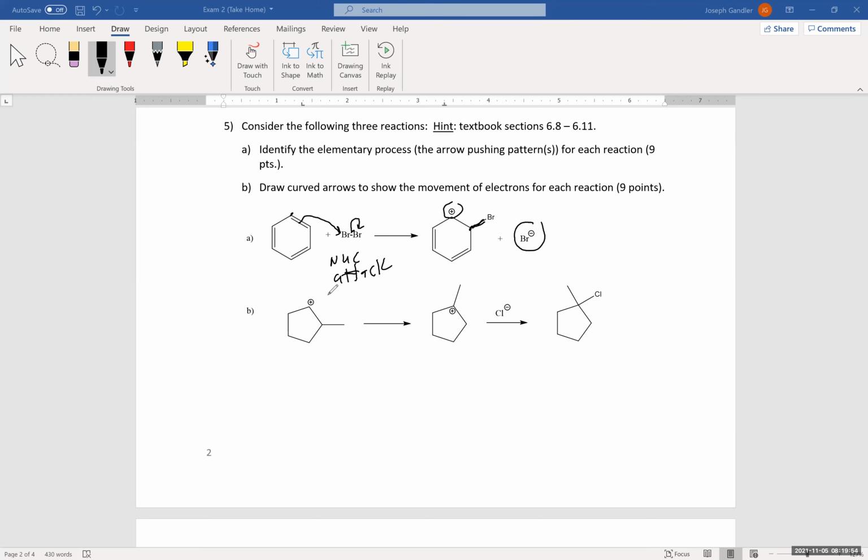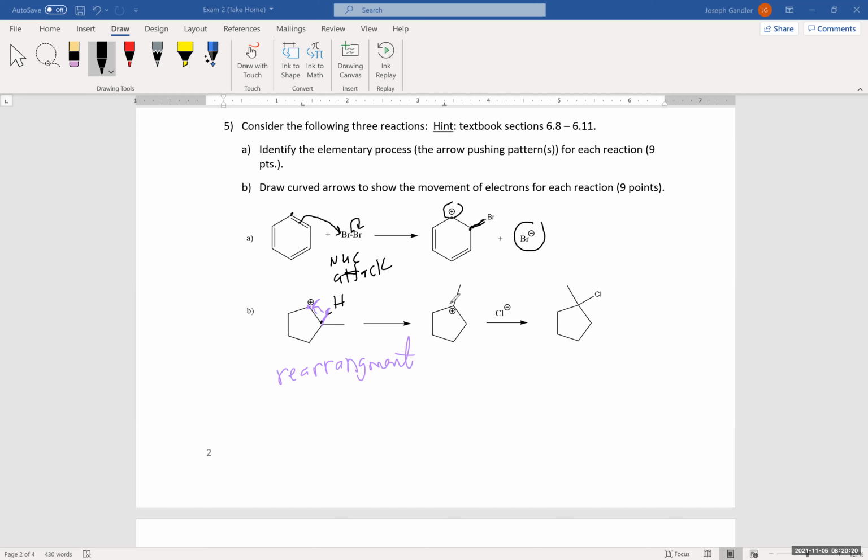The second one, a lot of people didn't get this right. So let's look at what's happening here. You have a hydrogen here, and this is a carbocation rearrangement. That's true, it's a rearrangement, but what's moving is not the methyl group, it's the hydrogen. This is a secondary carbocation, and the H with the electrons are moving.